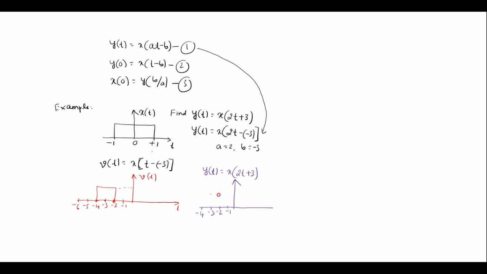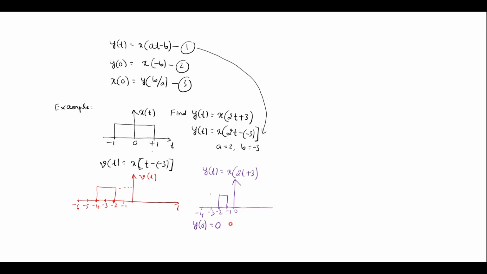So the same signal exists between -2 to -1. So this is the y of t signal. Now we'll verify whether equation 2 and 3 will be satisfied or not. Here we can observe that at t equal to 0, y of 0 is 0.